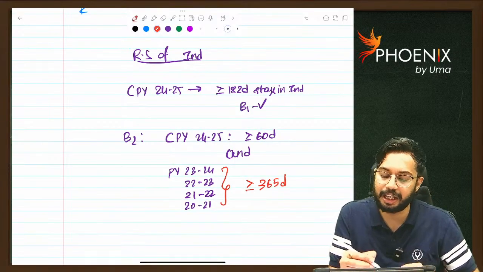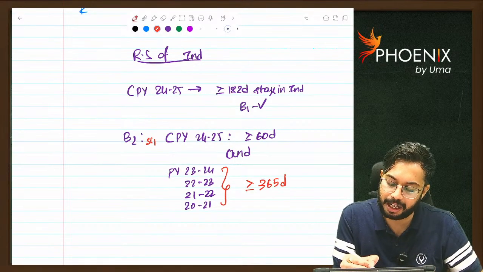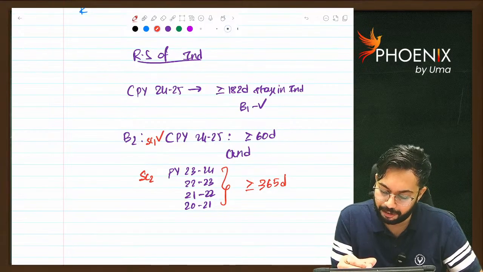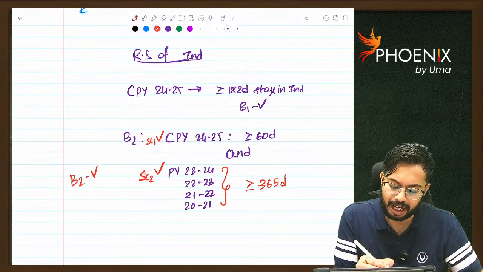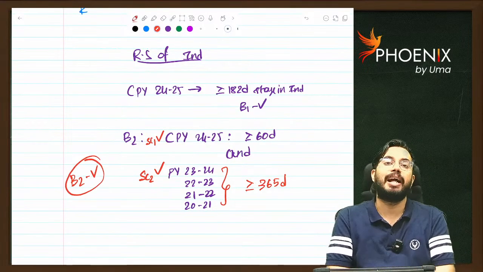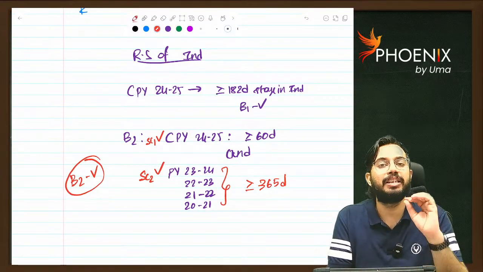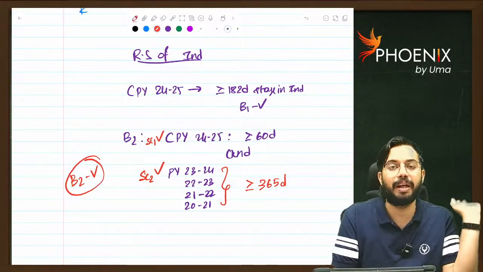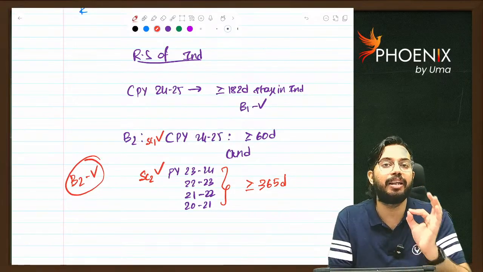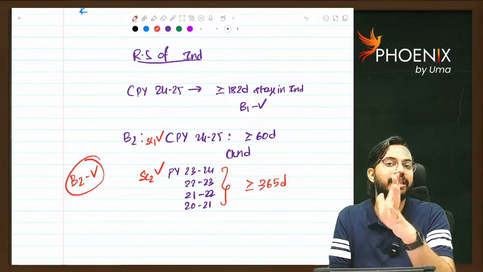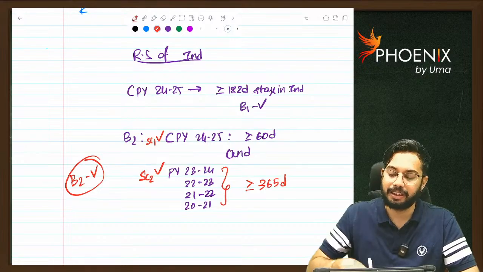If both subcondition 1 and subcondition 2 are satisfied, then we can tell basic condition 2 is satisfied. Are you able to understand? Then the basic condition is said to be satisfied.